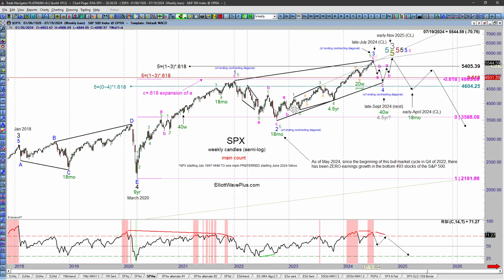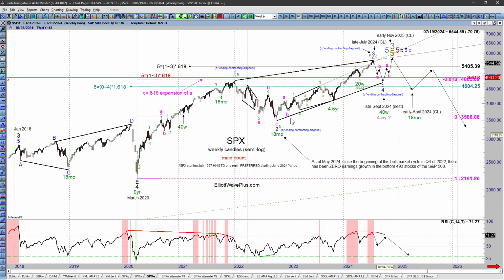This ending diagonal has been moving up from the wave 2 in an amazing fashion, and the reason is because since May of, I first read this in May of 2024, so a couple of months ago. Since this low, there had been zero earnings growth in the bottom 493 stocks on the S&P.